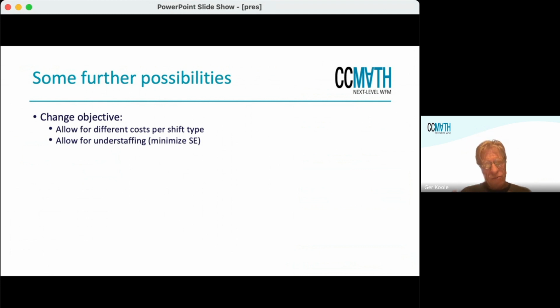Then you need some trick to keep things linear. If you work with if statements, then you cannot use this linear solver anymore. And these other solvers are usually not that successful in finding the best solution, but you can try it.